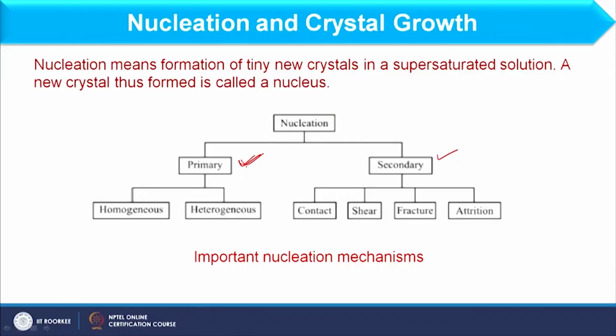Primary nucleation is of two types, homogeneous and heterogeneous, and secondary nucleation can occur with contact, shear, fracture and attrition.